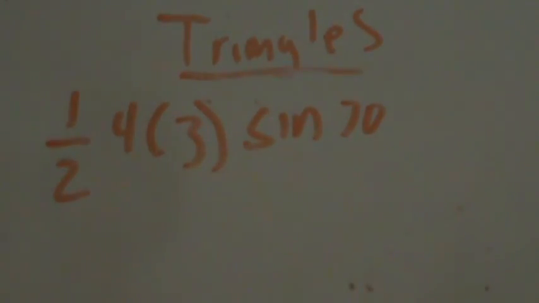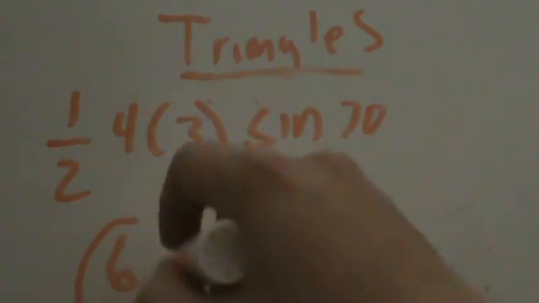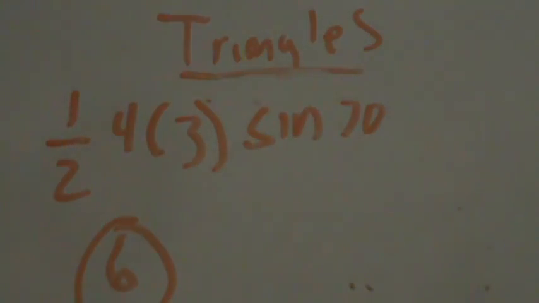Now, let me show you the situation when it's not. Let's have that same situation. If we have 1/2, and we said the sides were 4 and 3, and the angle between them was 70 degrees, right? So we know that if it was a 90-degree triangle, the area would be 6, right? Because sine would be 1, so 4 times 3 is 12, and half of 12 is 6.